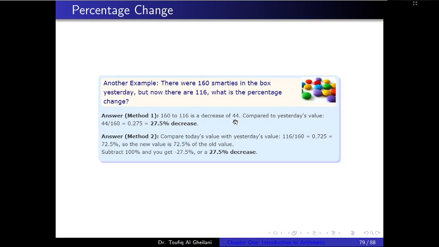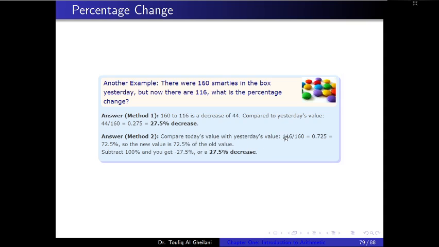Then we divide 44 by the old value, which is 160, and that gives us 0.275. We multiply by 100, which gives us 27.5% decrease.